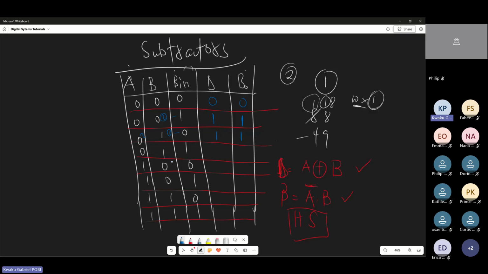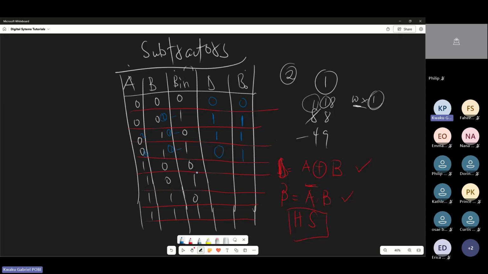Then the next stage, you do 0 minus 1, which can't be. So you go and borrow 1 like this. Yes, you go and borrow. Then you get 2 minus this 1, which is 1. And then 1 minus 1 gives us what? A 0. So the difference is a 0, like this.